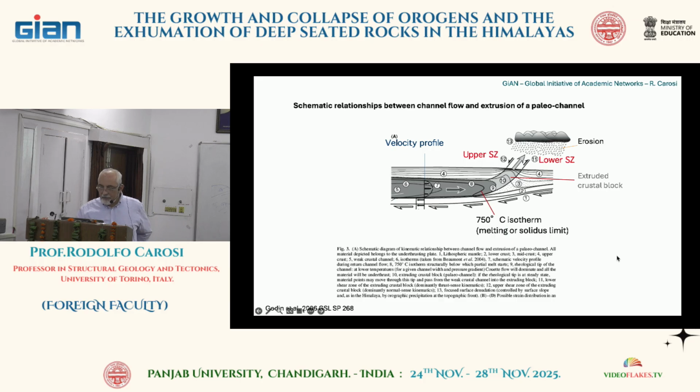These are the main characteristics of a paleo channel flow and the exhumation of the paleo channel. Of course, you have the limit, the 650 degrees centigrade isotherm, that is a boundary of solid and melt rocks.